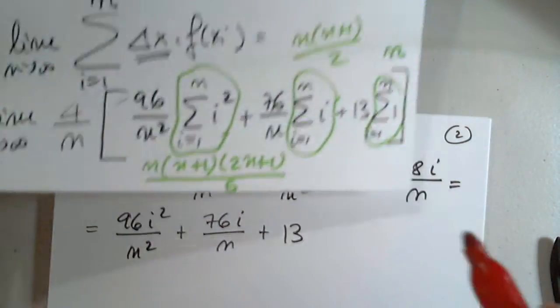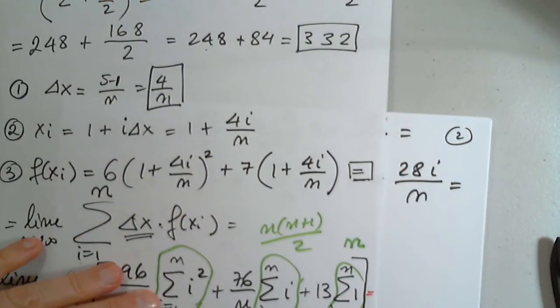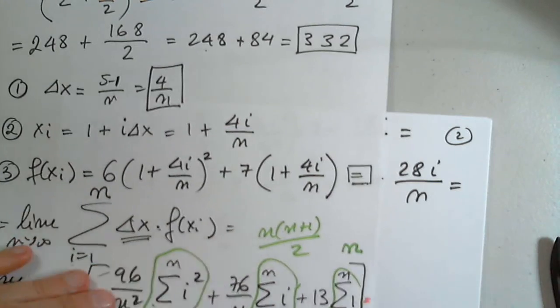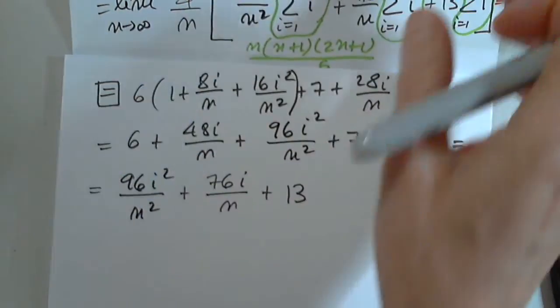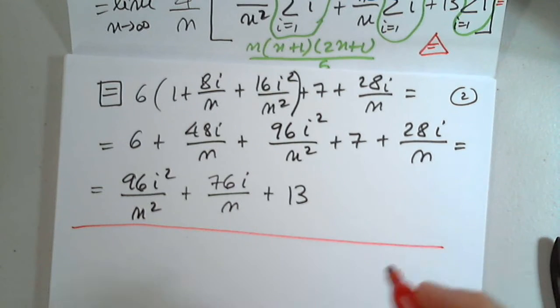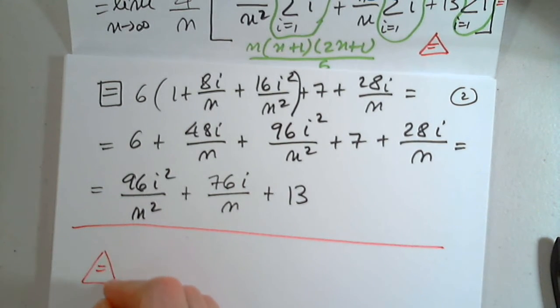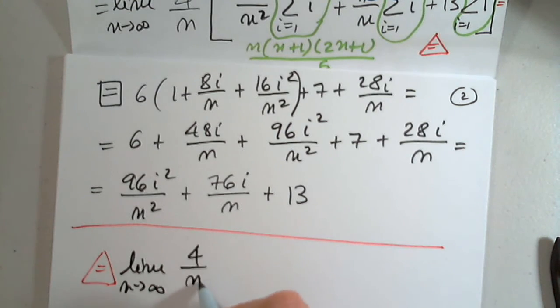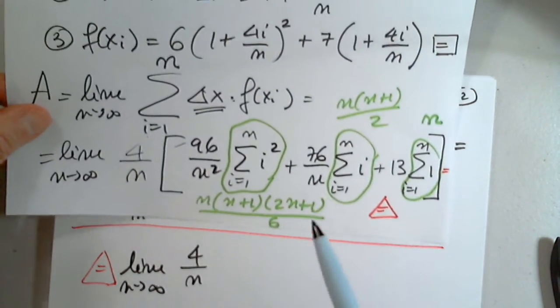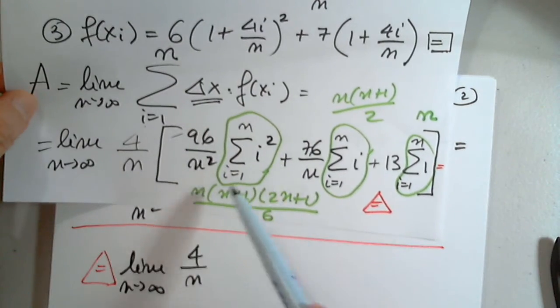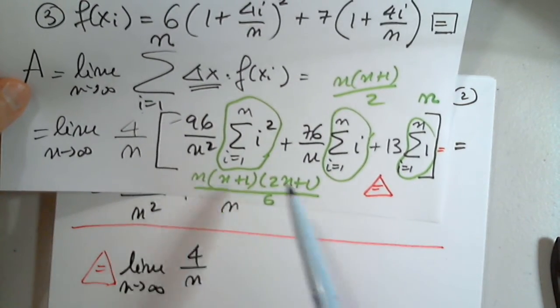So I'm going to do this, a triangle, and continue with the triangle here, so you know where it's continuing. Okay. So I have the limit as n approaches infinity. I have 4 over n. So now I have to rewrite it because I cannot simplify like this.